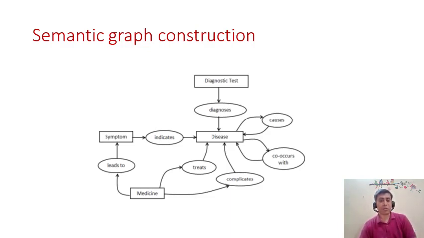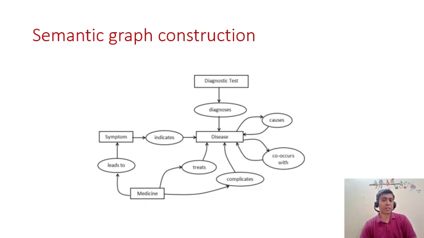For example, you can look at a disease and whether it can be a risk factor for another disease, whether it co-occurs with another disease, or what kind of diagnosis is there.